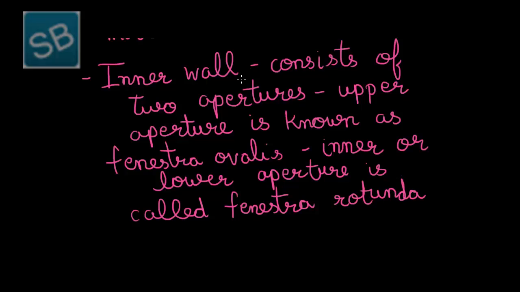Thus, the inner wall of the tympanic membrane consists of fenestra ovalis and fenestra rotunda, which then moves into the middle ear. Now, the second part of ear after external is the middle ear.